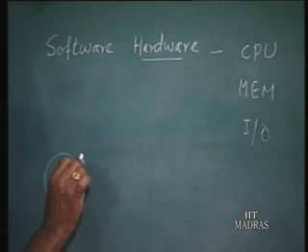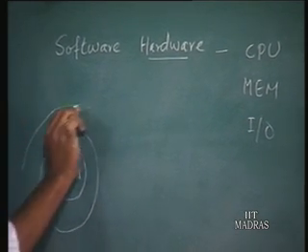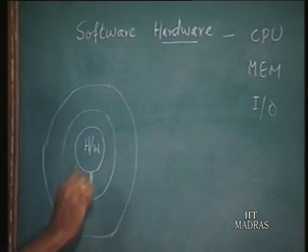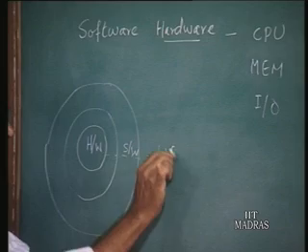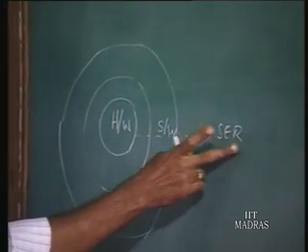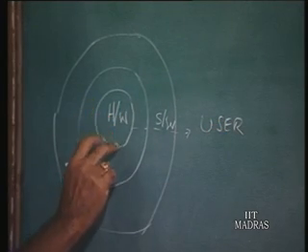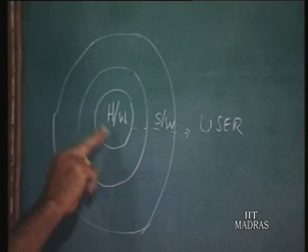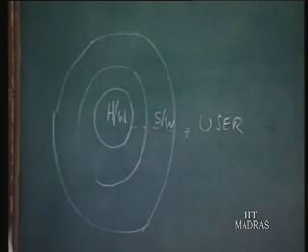Then towards the end I was also telling about the layers and layers of software, so that the user who is just outside the whole thing is getting a view in which the inner details of the hardware, the more and more machine oriented information, is hidden from him.